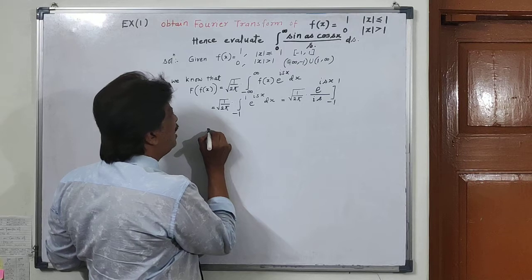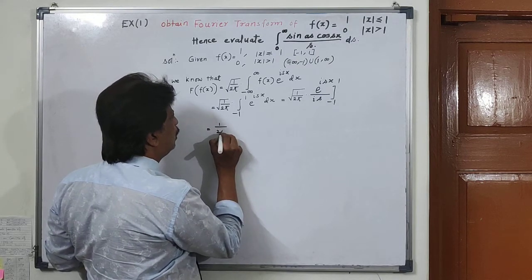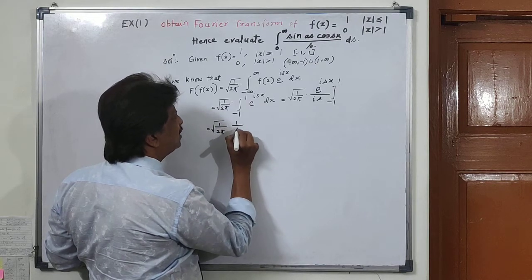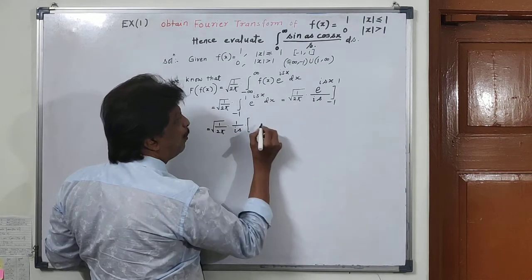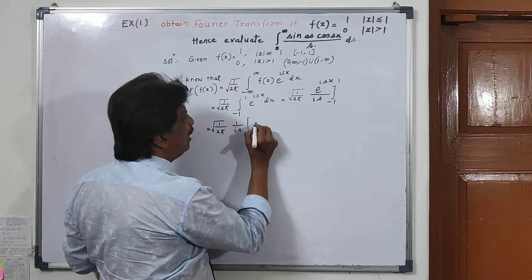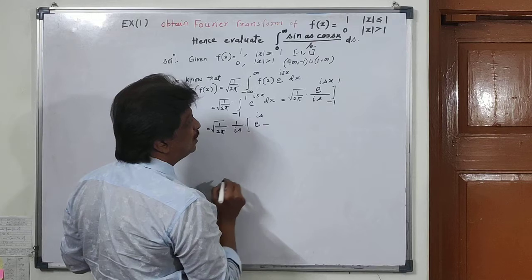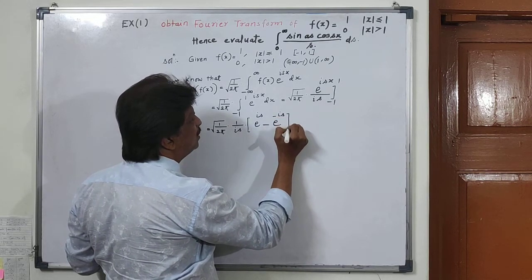So let me employ the limits. Root of 1 upon 2 pi, and 1 upon i s is independent of x. Now for the upper limit x equal to 1, it is e raised to power i s minus e raised to power minus i s.